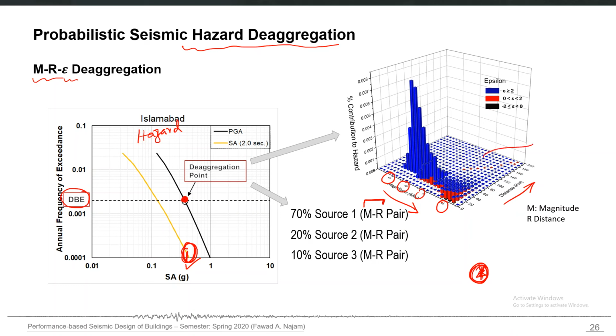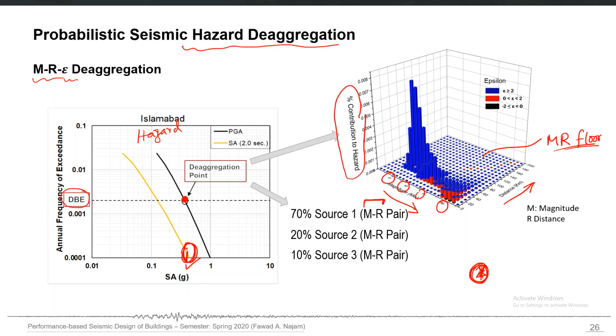This whole floor is basically the MR floor, or MR plane, in which each point on this plane is a magnitude and distance pair, representing an earthquake scenario. And on the y-axis, the height of each point on this plane is the percentage contribution to the hazard.